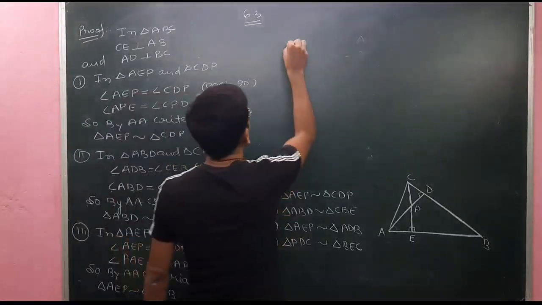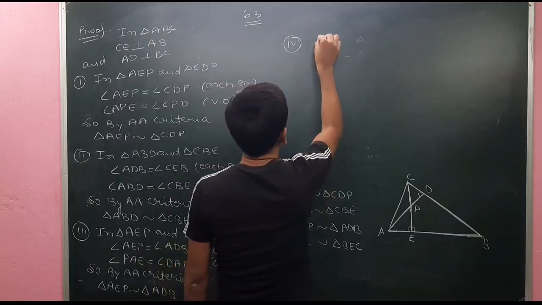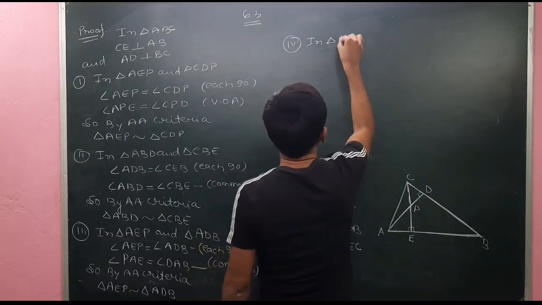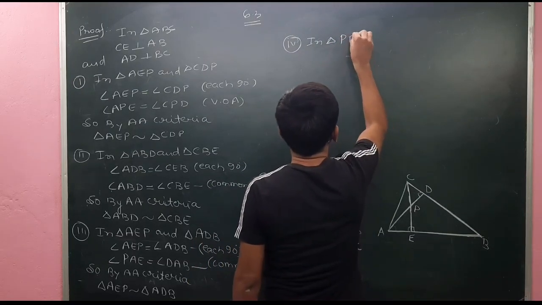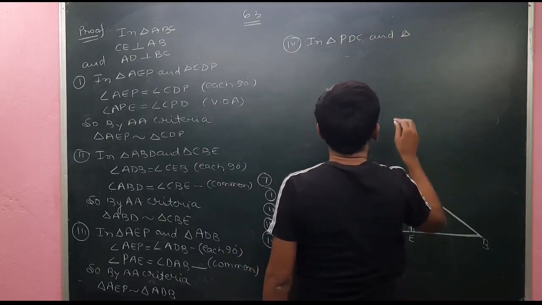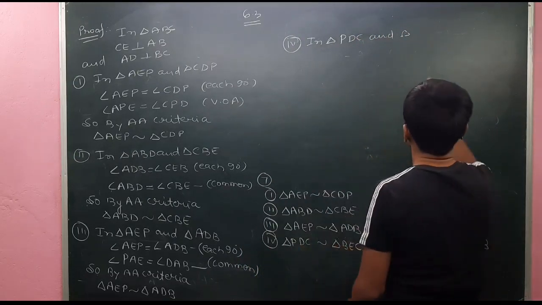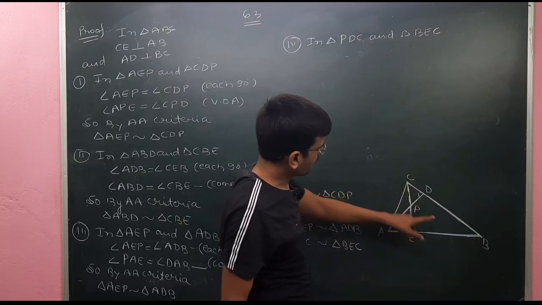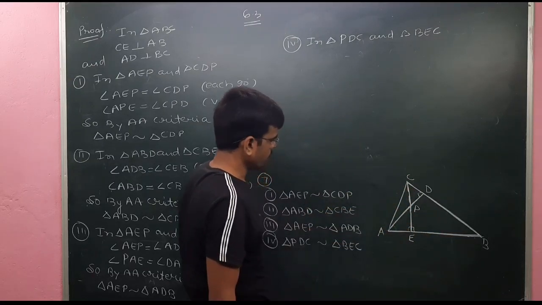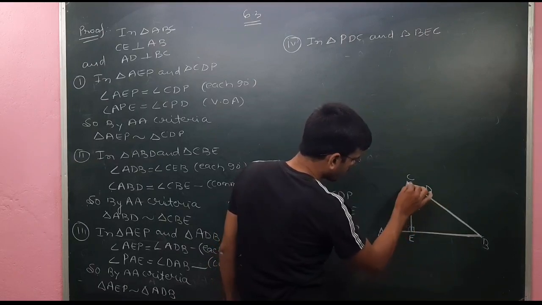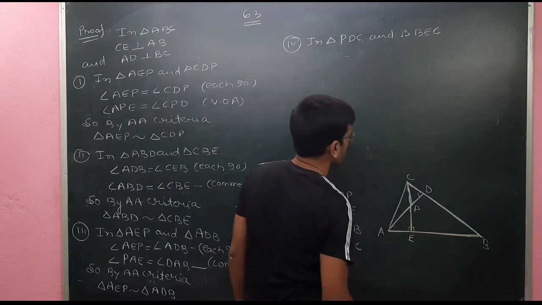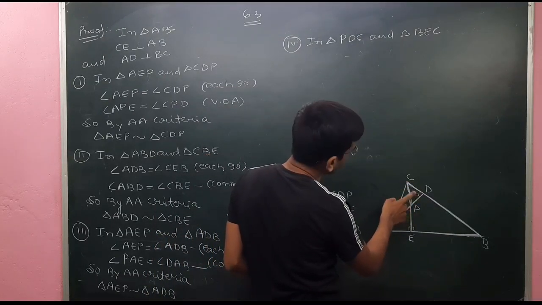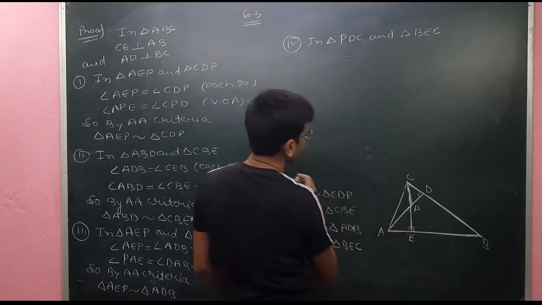Now see number 4. In triangle PDC and triangle BEC, meaning this triangle and this triangle, you can see that angle PDC is 90 degrees and angle BEC is 90 degrees.